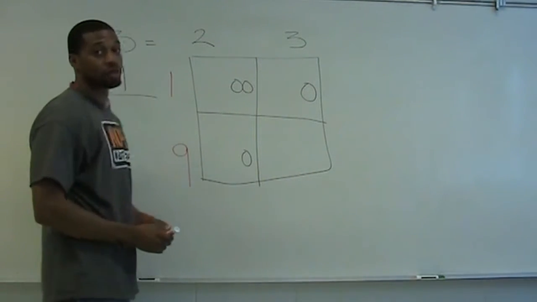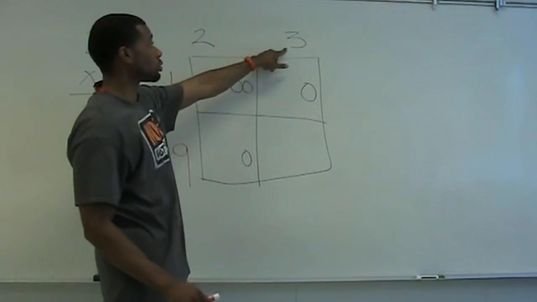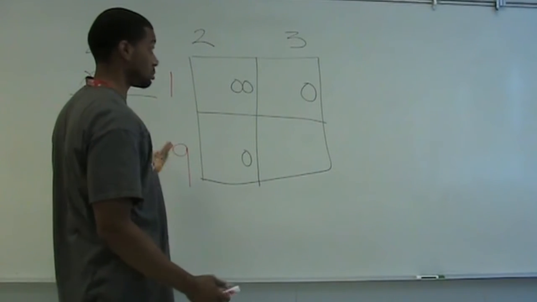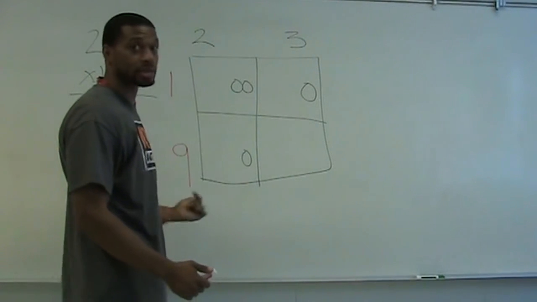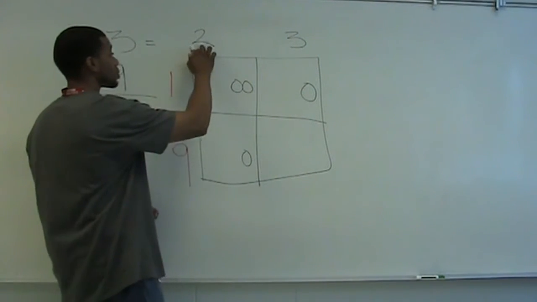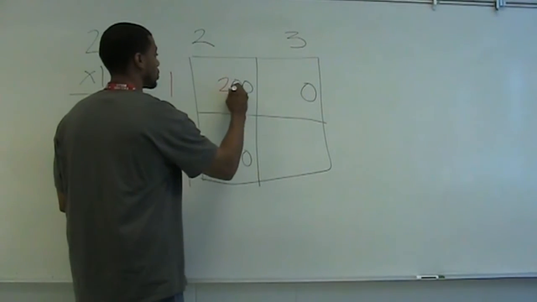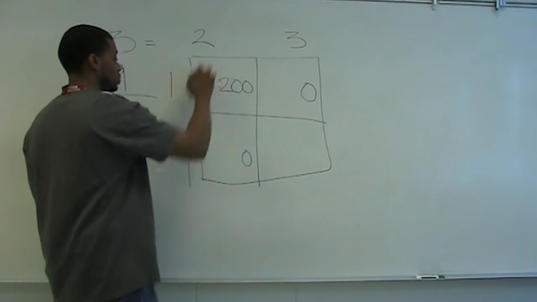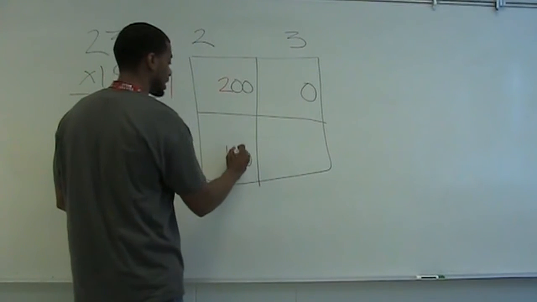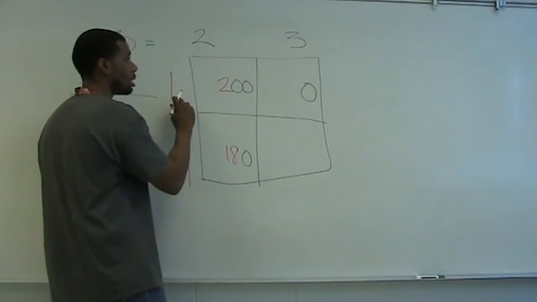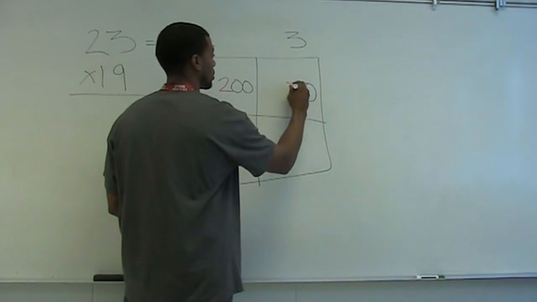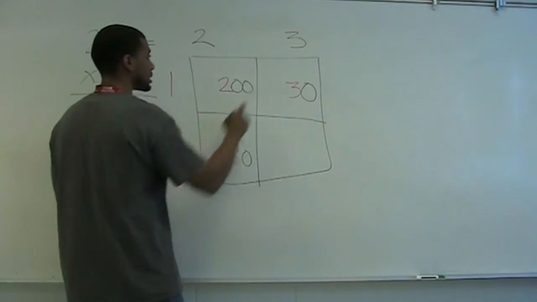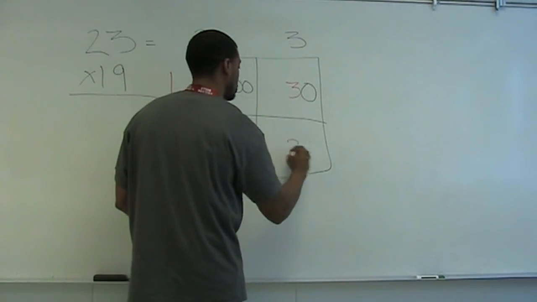The numbers that we have left are 2, 3, 1, 9, which is simply 23 and 19. So now we take 2 times 1, which is 2, 2 times 9, which is 18, 1 times 3, which is 3, 9 times 3, which is 27.